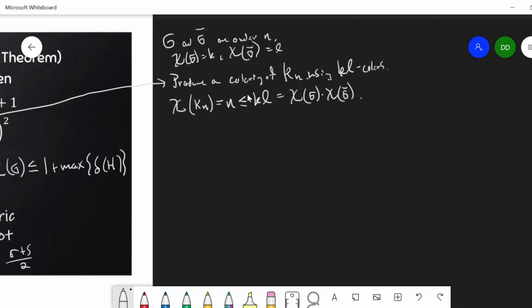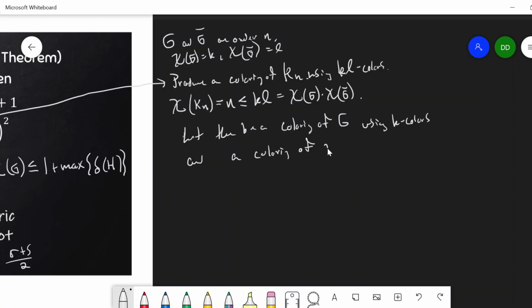So we let there be a coloring of G using k colors, the chromatic number of G, and a coloring of G complement using l colors.